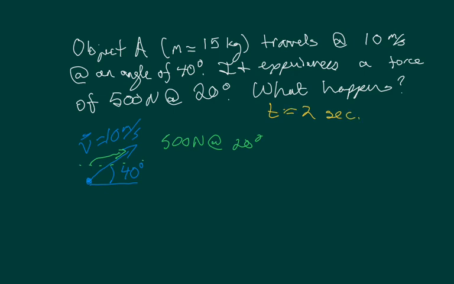So after 2 seconds, the force will go away, but we need to give it a time so that there can be an impulse. So that's our problem, that's our setup. We can assume that maybe it gets a burst of speed, if it's like a rocket, turns on its engine, something like that. Don't know. Doesn't really matter. We just have this object, has a momentum because it's moving, and then it experiences a force, and what happens next.